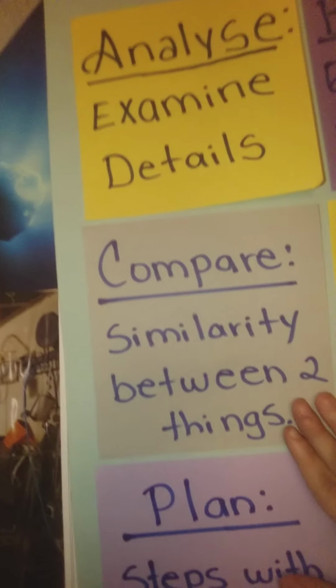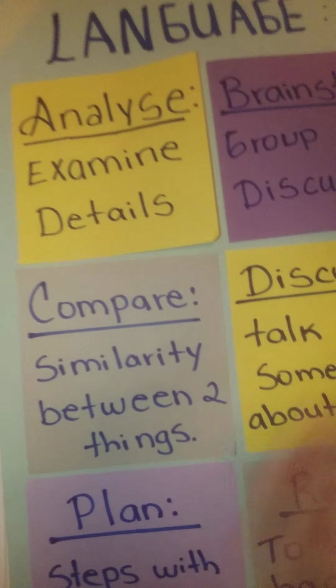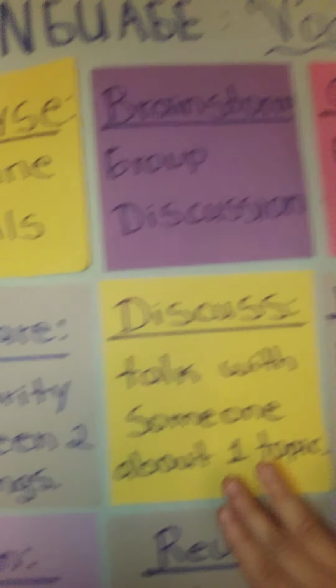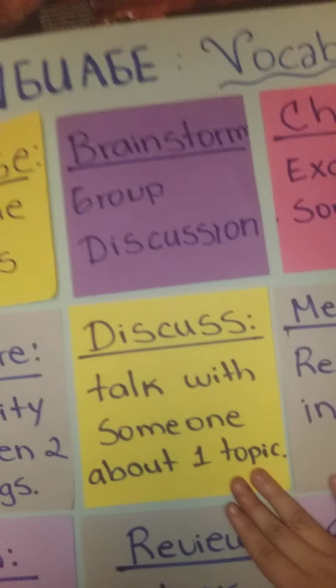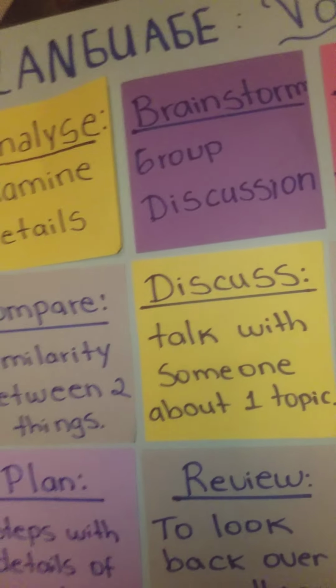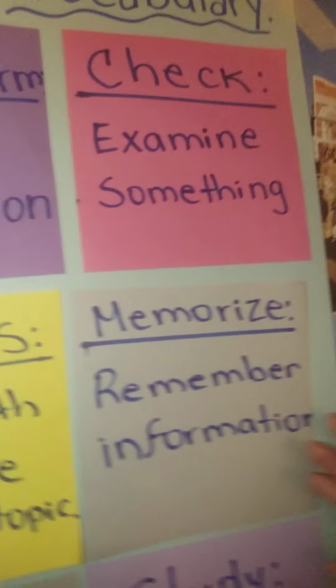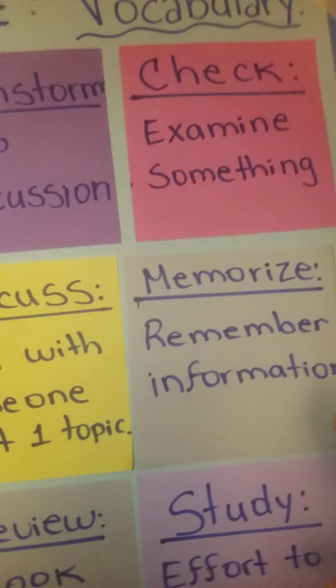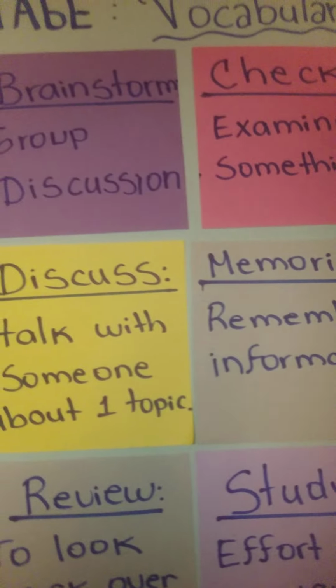We have the word compare, that is to search for the similarity or dissimilarity between two things. We have the word discuss, that is to talk with someone or many people about one topic. We have the word memorize, that is when you remember information.